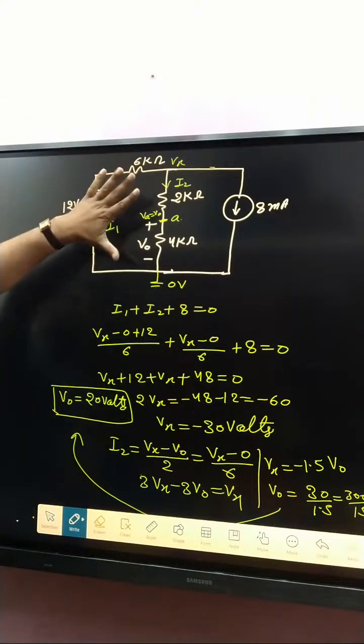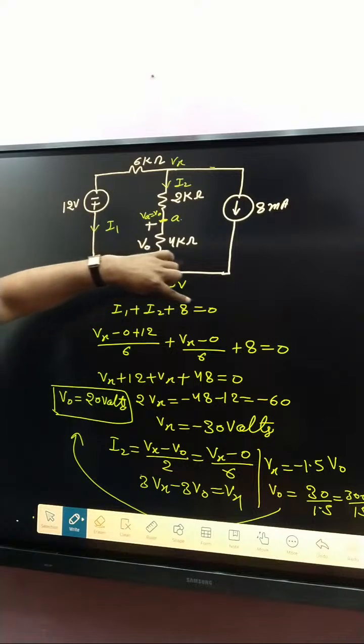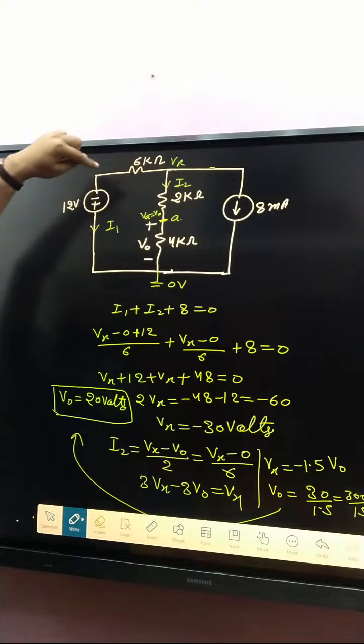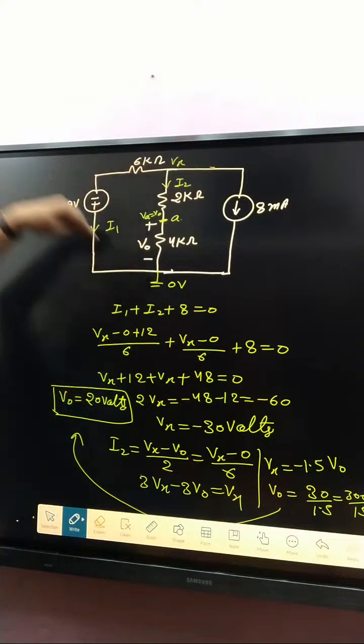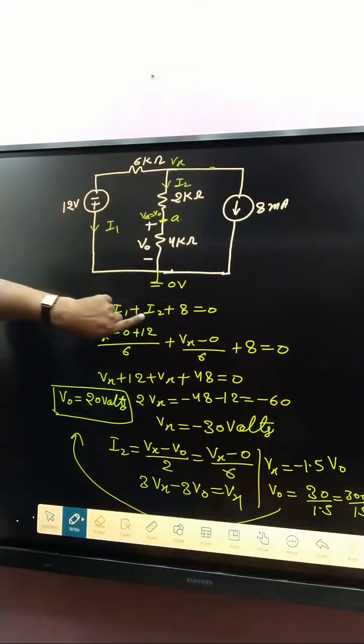I will explain again. Now apply I1 plus I2 plus 8 is equal to 0 at that node. No incoming currents, all currents are outgoing, so that's why I wrote it like that. After that, I1 is Vx minus 0, current leaves from the positive terminal, so plus 12 divided by 6. What about I2?